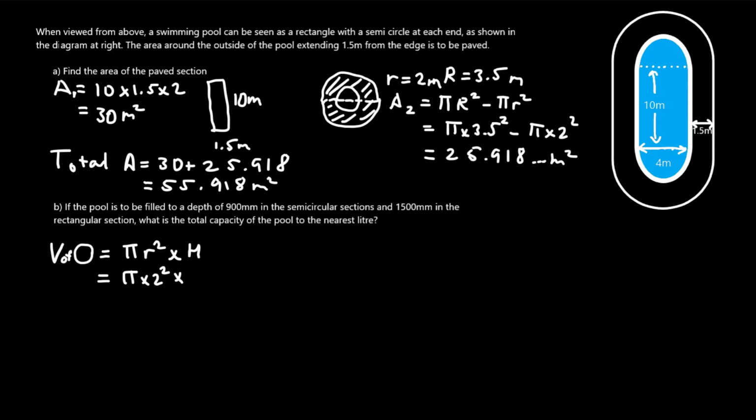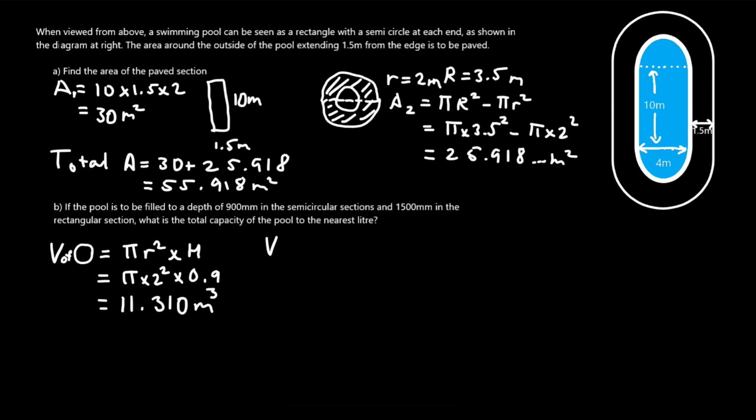So let's change this depth or height to meters. So 900 millimeters, that's the same as 0.9 meters. And the volume of this, if we just calculate it, we will get something approximately equal to 11.310 if we round to the third decimal place. And that'll be in meters cubed.